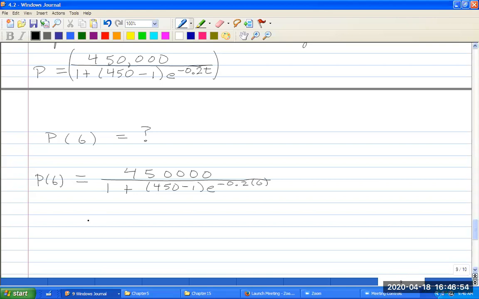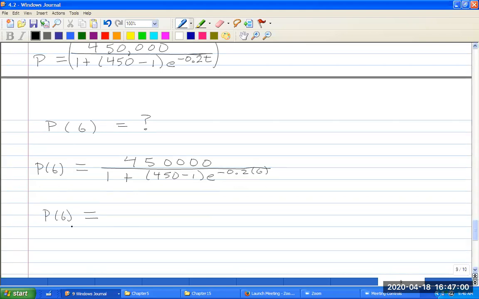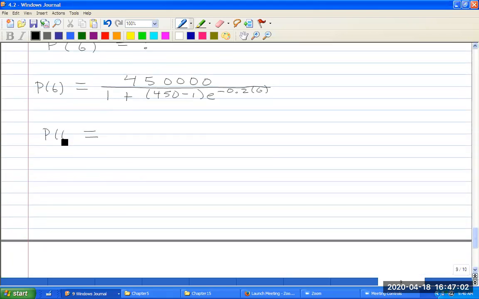So this is equal to 450,000 over 1 + 449 e^(-1.2).